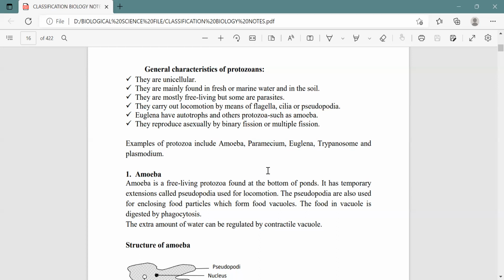All of these reproduce asexually by binary fission, where a single cell splits into two cells, two into four cells, 4 into 8, 8 cells into 16, 16 cells into 32, 32 cells into 64, and so on.